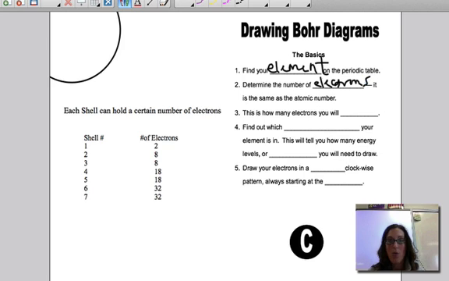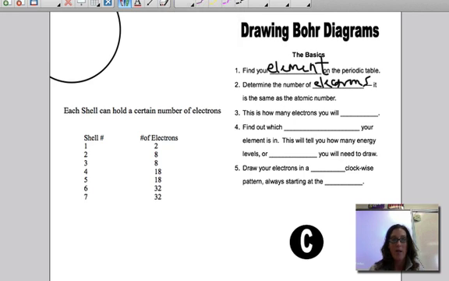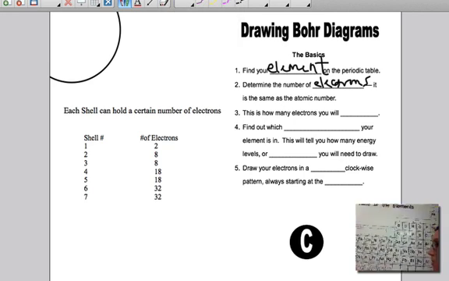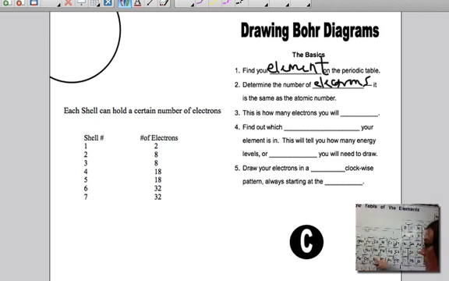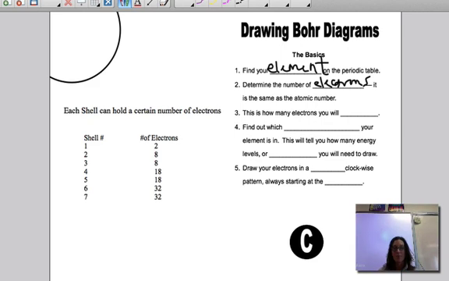And if you don't know the number of electrons, go to the periodic table. It's going to be the atomic number, which on your periodic table I do believe is on top of the number. This is how many electrons that you will draw.